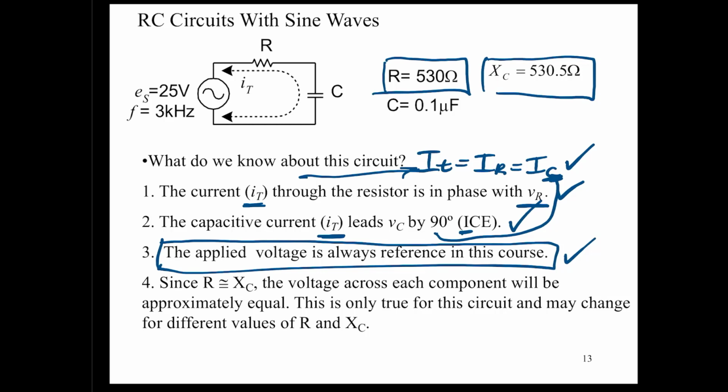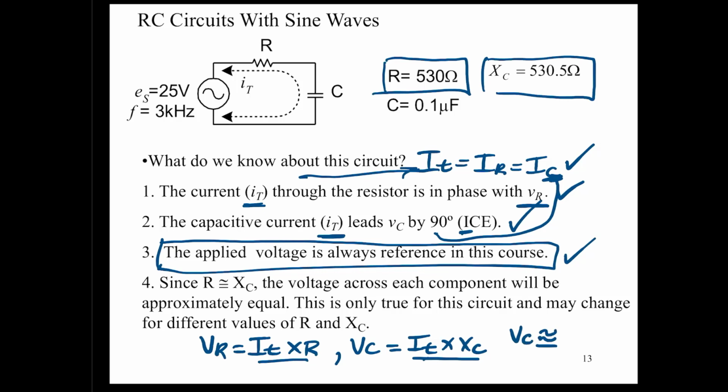As an example, VR would equal I total times R. VC is going to be that same value of I total, because it's series, multiplied by XC. So there's our value of current times our opposition to give us that voltage. Based on the fact that XC and R are just about equal, VC has to be approximately equal to VR. Now, that's just specific to this example.